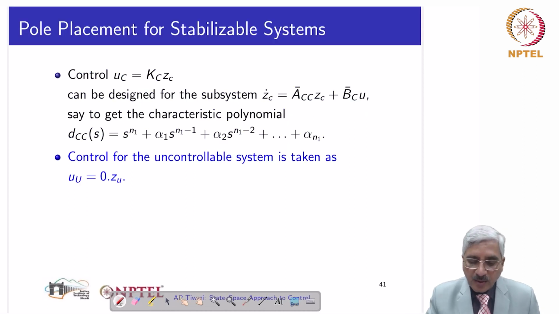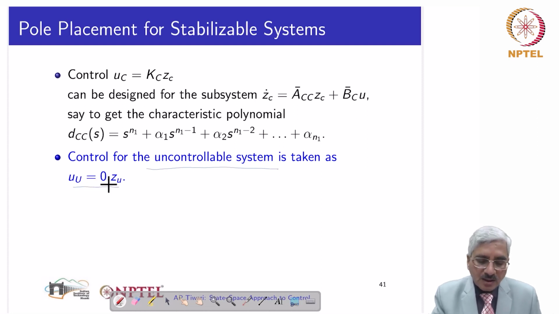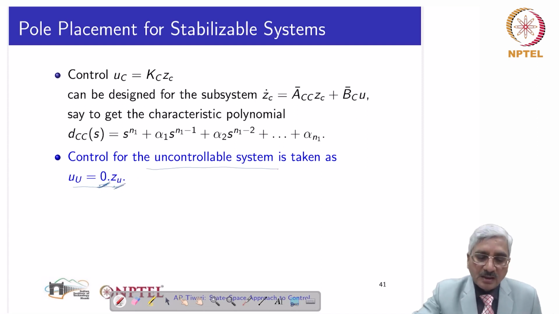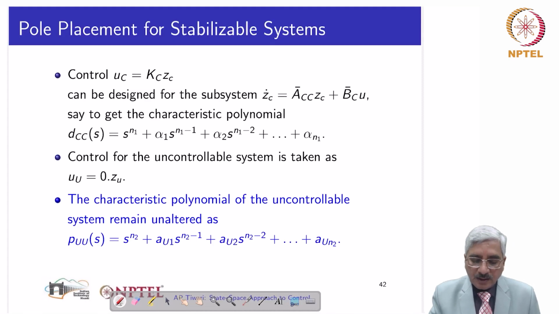For the uncontrollable part, the controller cannot be designed, so we take its gain as 0. The input for the uncontrollable system is 0 times the states of the uncontrollable system that we take, meaning that the characteristic polynomial of the uncontrollable system remains unaltered as this.